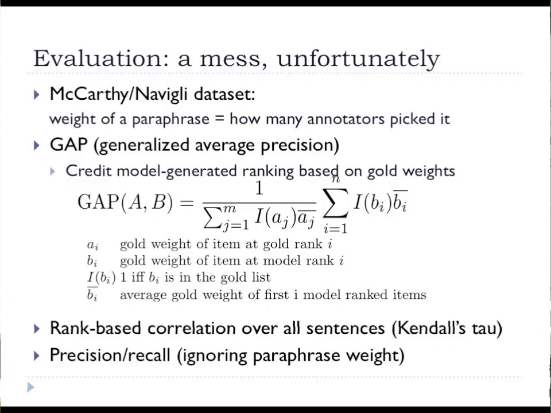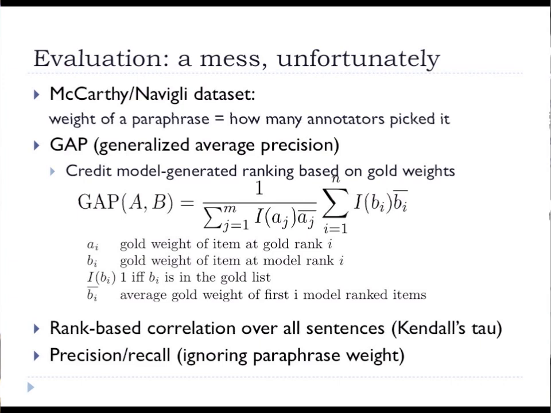Another way is to do the rank-based correlation again, using Kendall's tau this time, over all sentences. So how well did the model predict how well the paraphrase catch would fit in sentence 5 versus how well the paraphrase offense would fit in sentence 27, which is an extremely hard evaluation, but also one where I'm not sure that it really helps for applications, mainly rewarding cross-sentence uniformity.